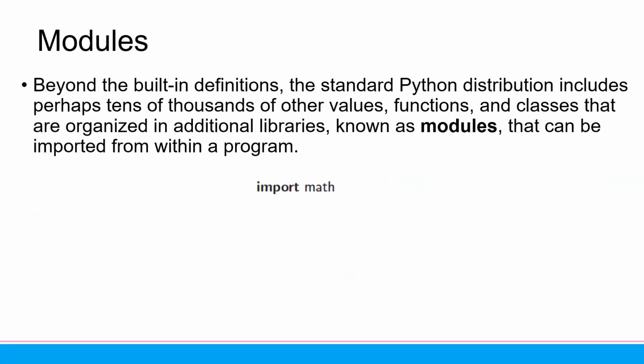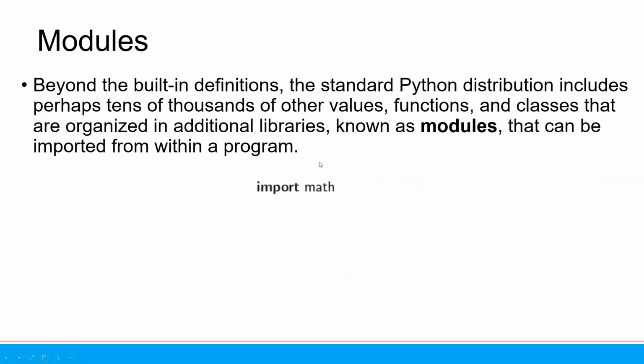What use? So in Python, we have many built-in definitions here. We will learn about these definitions during the class. The standard Python distribution includes perhaps tens of thousands of other values, functions, and classes. So we call these modules. For example, math.